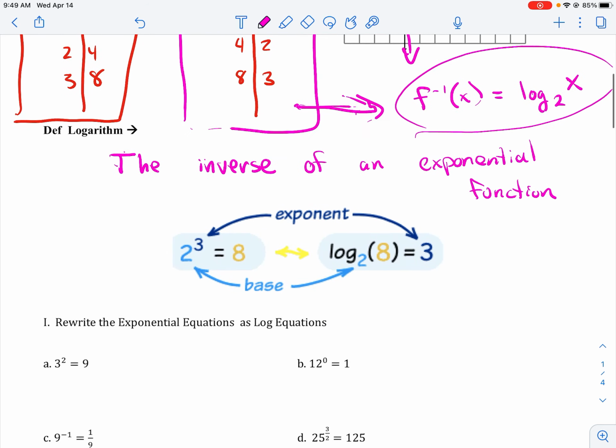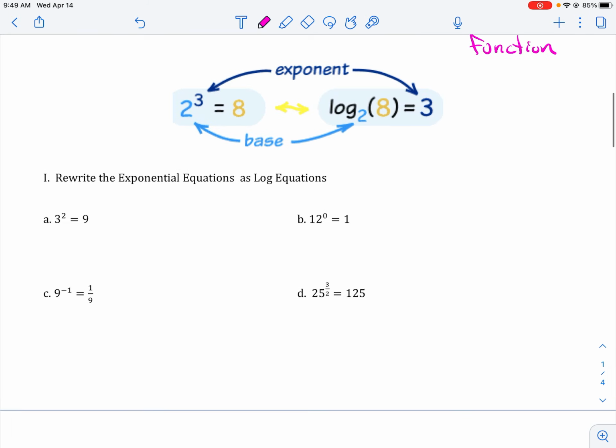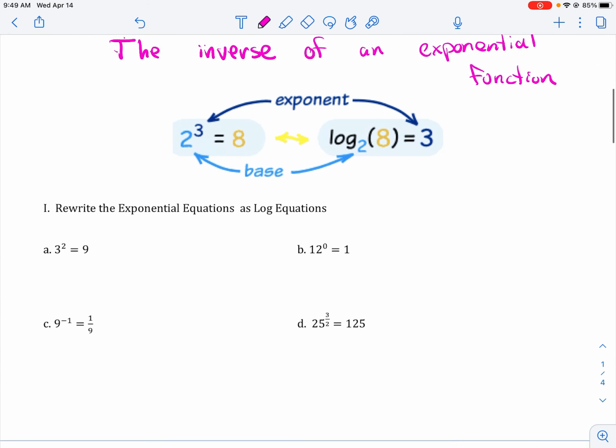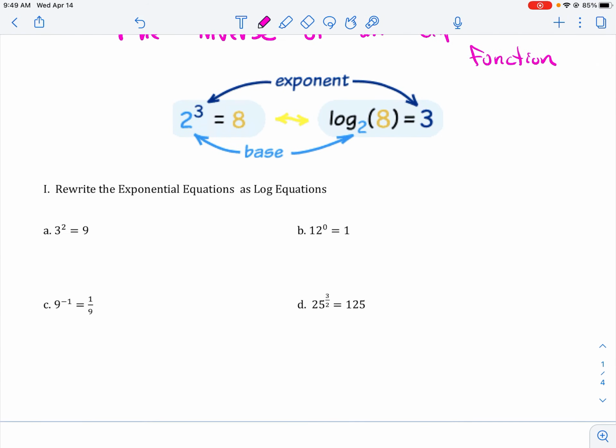All right, so anyway, heading down here, here is a quick representation on how you switch between exponential equations and logarithm equations, okay? And so it's very important that you know how to utilize this because it will help you solve problems.